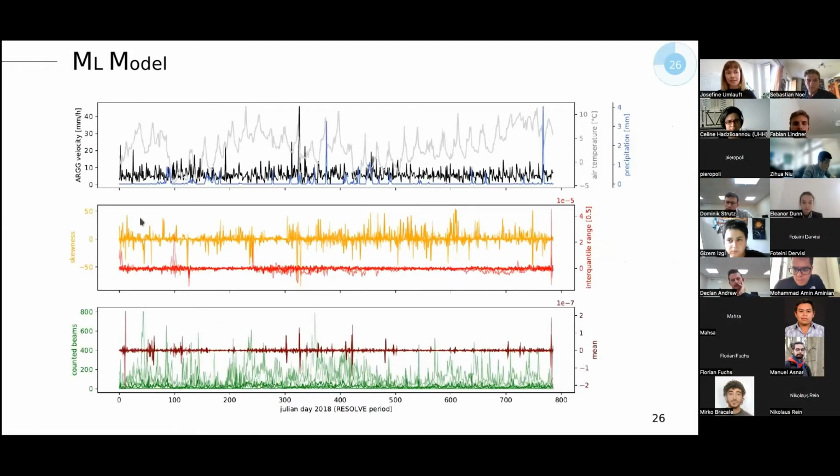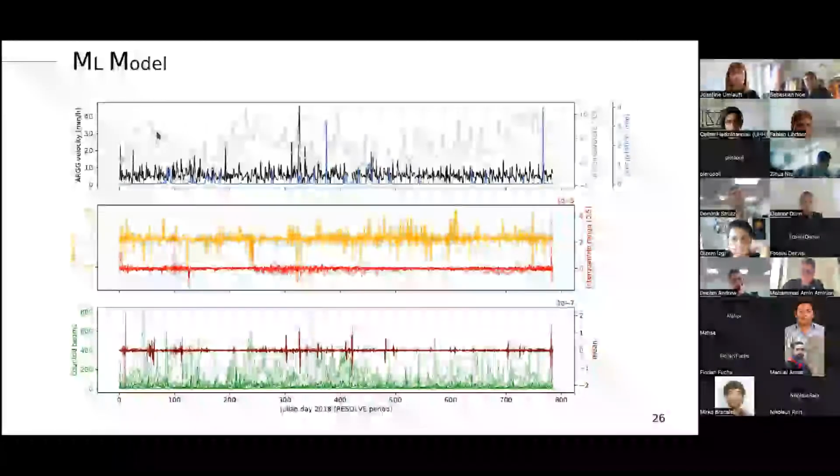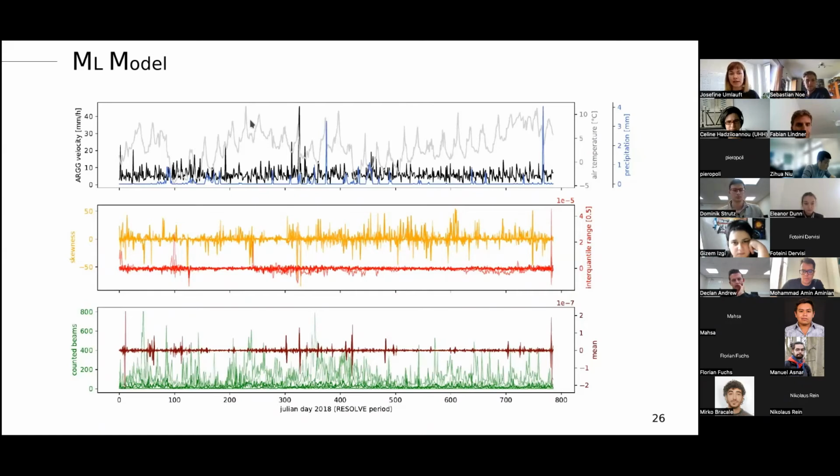And this is what our features look like, just exemplary because there are many of them. In black in the upper plot, you can see a GPS signal again from one station situated on the ice. In gray, you see the air temperature nicely fluctuating by time of the day.